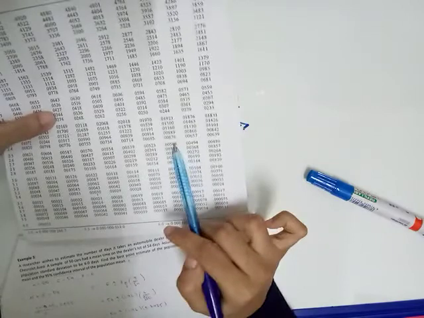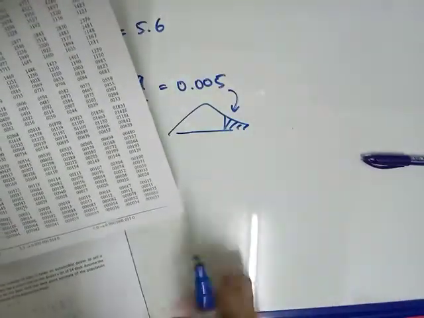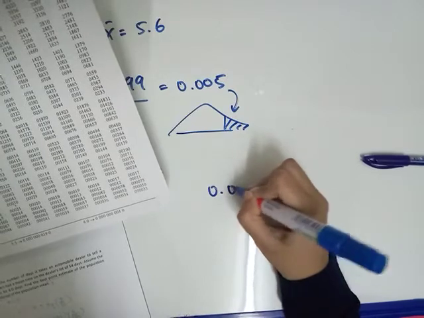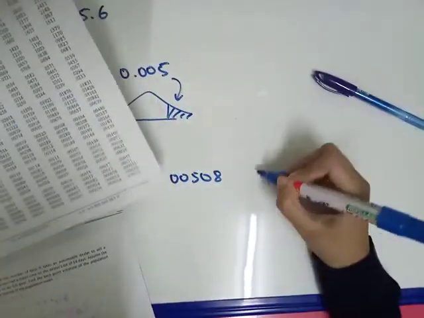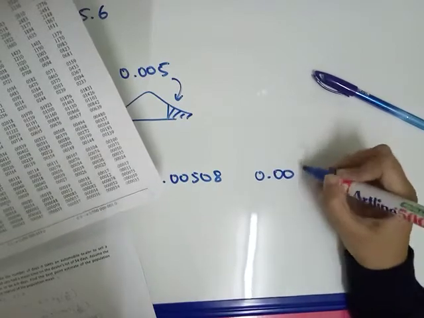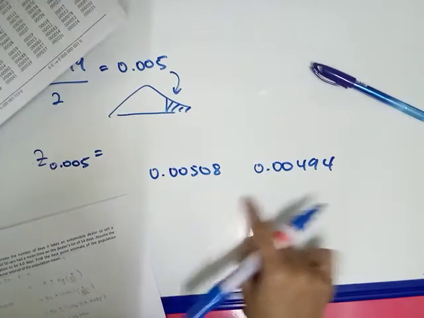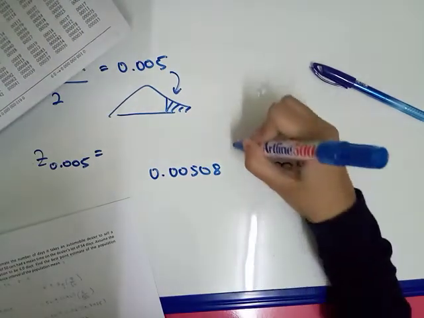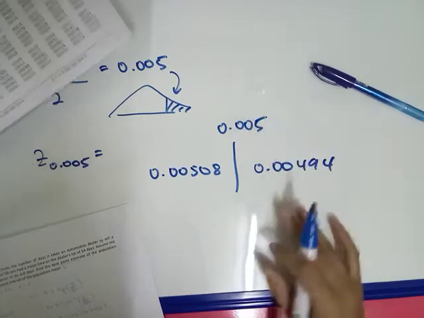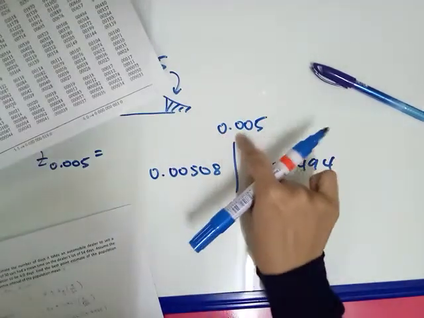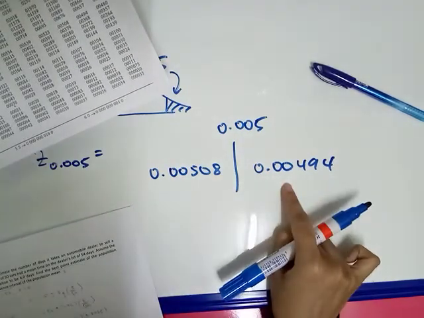It is between two values: 0.00508 and another one, 0.00494. Which one is the closest? In the middle it would be 0.005. There is no exact 0.005, so we have to take the closest one. So which one is the closest one?